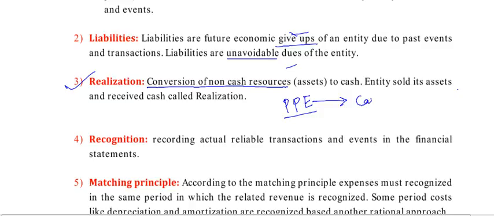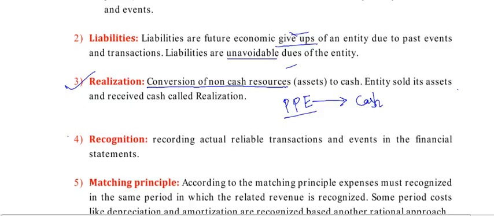We are selling those assets and getting the cash. This is nothing but the realization of cash. The entity sold its assets and received the cash, called realization.